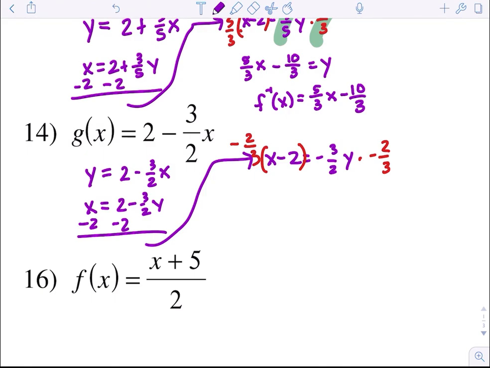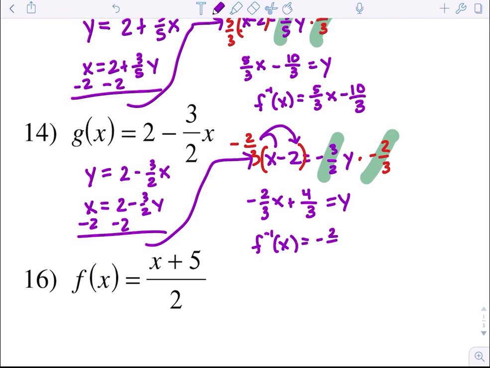So you guys are going to get -2/3 times x, and then -2/3 times -2. So -2 times -2 is +4 all over 3. And remember, these canceled. So change the y to f inverse. So f inverse of x is equal to -2/3 x plus 4/3.